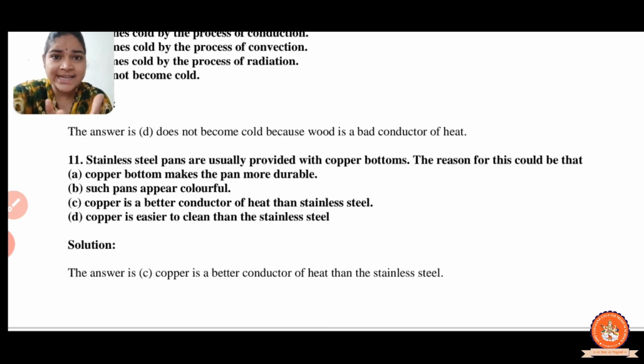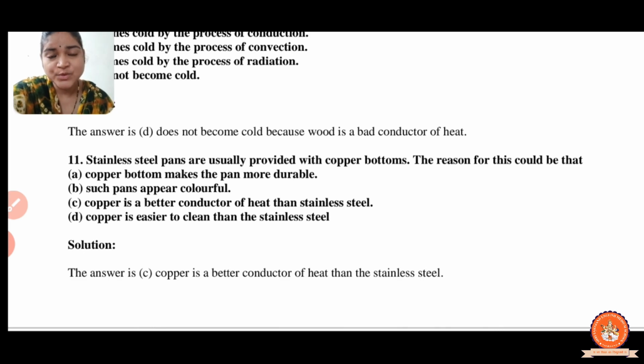The stainless steel container mostly has a copper bottom. Why? The options given to you are: A, copper bottom makes the pan more durable; B, such pans appear colorful; C, copper is a better conductor of heat than stainless steel; and D, copper is easier to clean than stainless steel.